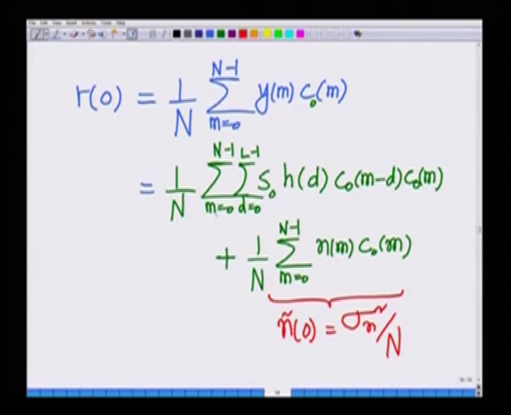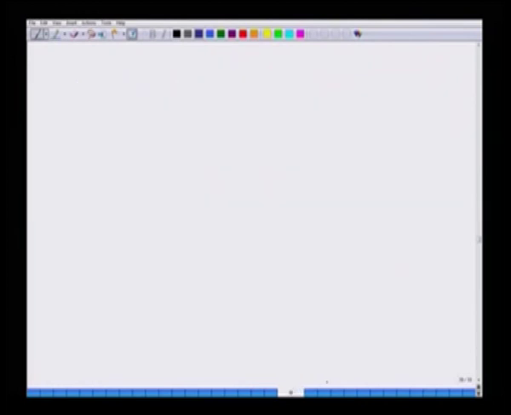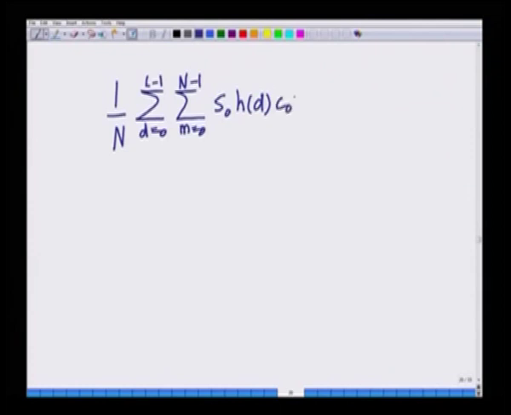So, let me now analyze this signal component, because that involves some analysis, as it is not straightforward. The signal component is nothing but, let me write that down again, 1 over n summation d equals 0 to L minus 1, summation m equals 0 to n minus 1 S0 h of d C0 of m minus d C0 of m.